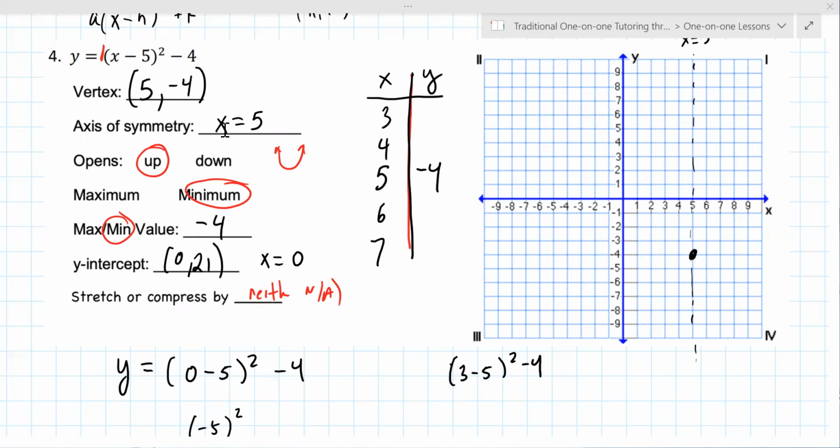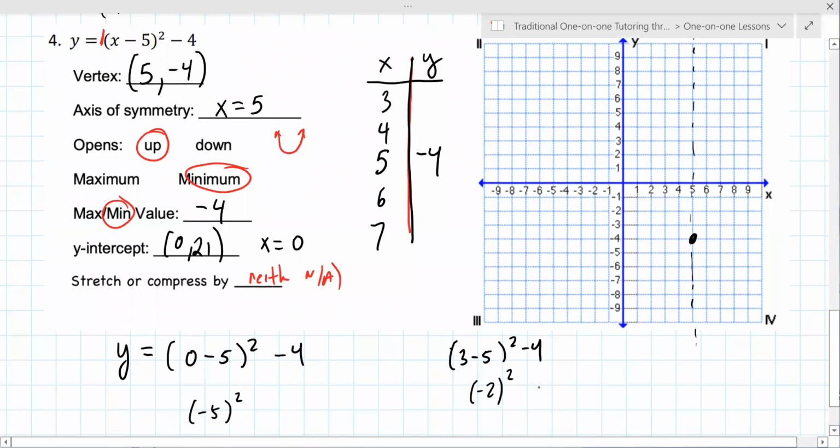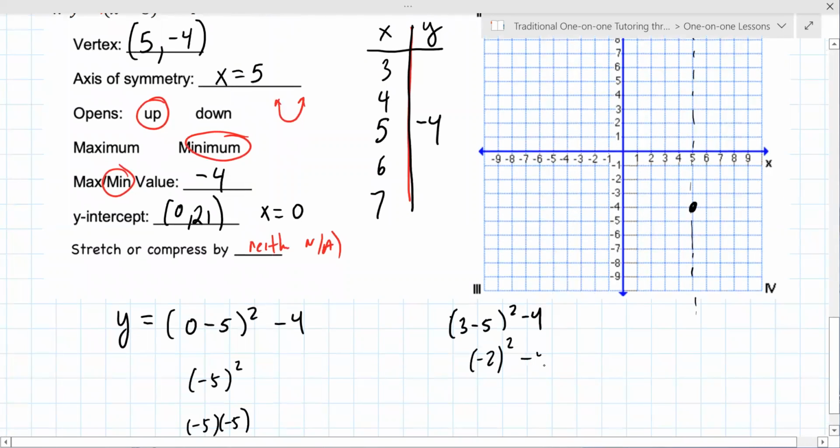Oh yeah, because 3 minus 5 is negative 2, and negative 2 squared is positive 4, since squares always give you positive. So it is 4 minus 4. Yes, you had it right there. So it's 3, 0. Now by symmetry, the 7 is also 0.